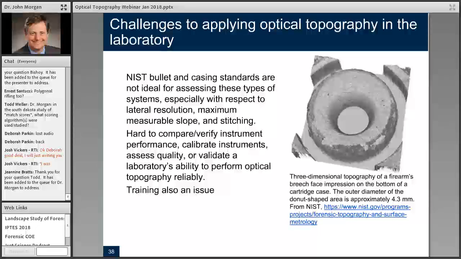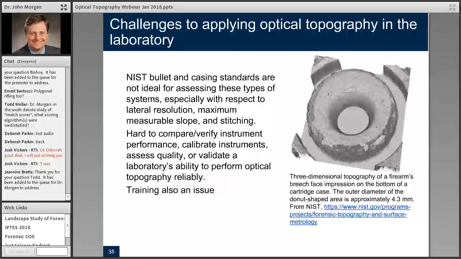There are still challenges for the next level of the use of this type of technology. First of all, as NIST themselves will say, their bullet and casing standards aren't ideal for assessing these systems and for the validation of them in the laboratory. For example, with respect to understanding lateral resolution and slope and stitching, all of these systems have limitations when you are looking at steep slopes within an image.